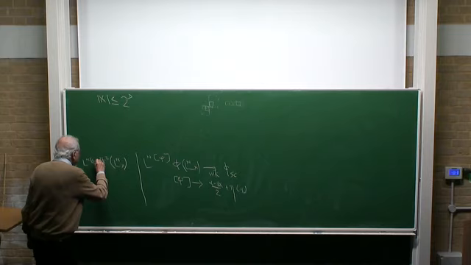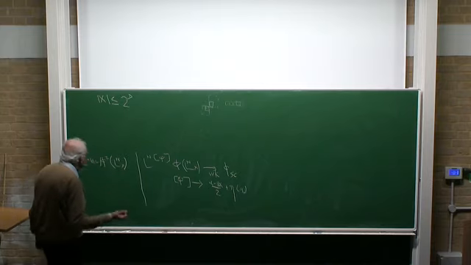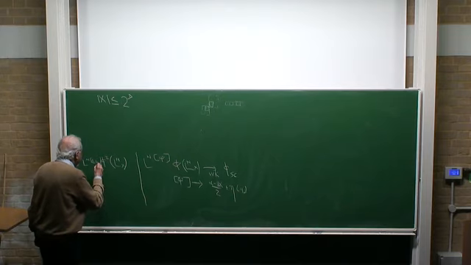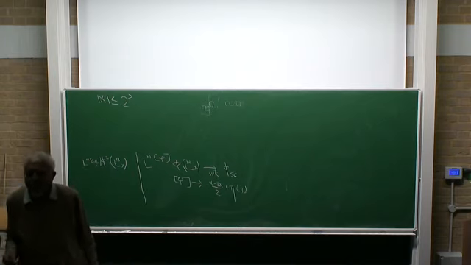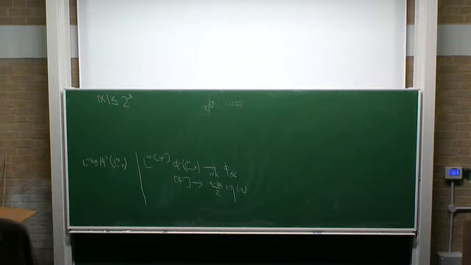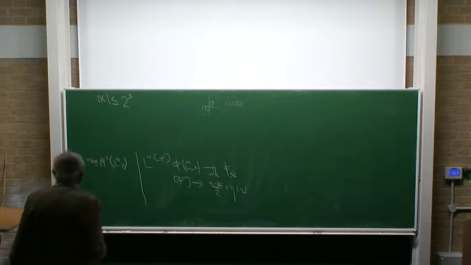D minus alpha. Alpha is already there. Oh, d minus alpha, you're right. D minus alpha plus something, okay? I don't know, what did you call it? We call it v sub phi squared or something. Okay, anyway, whatever it is.